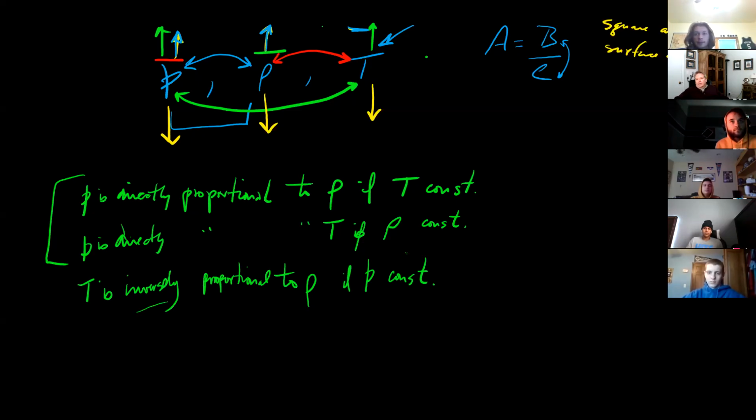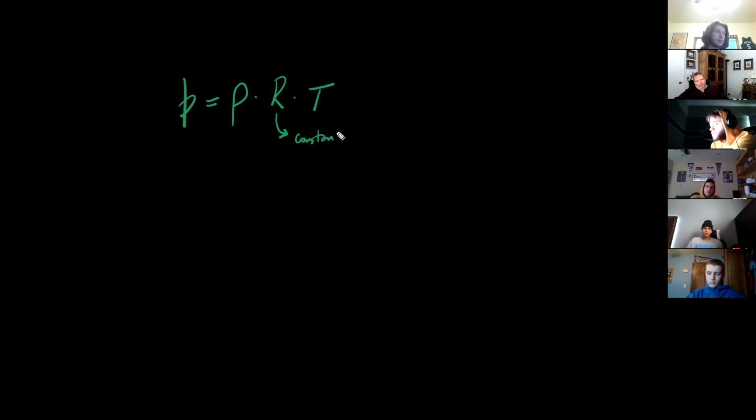Now, all of this can be summarized in the following equation. P equals rho times R times T. This guy is a constant. It's a scientific constant.